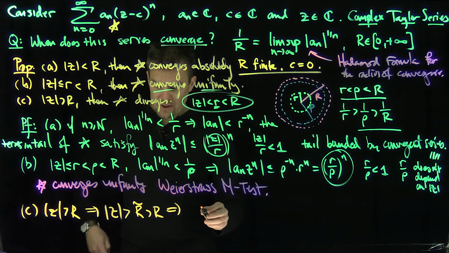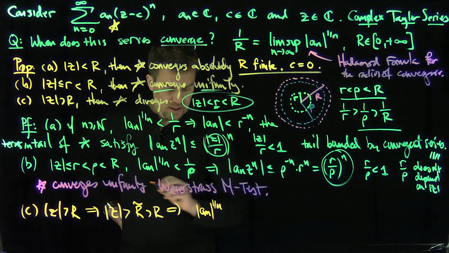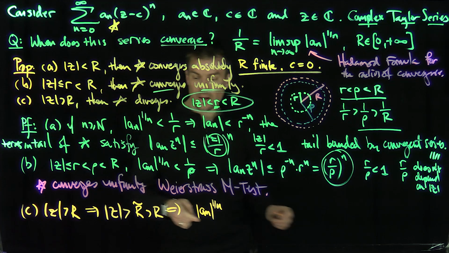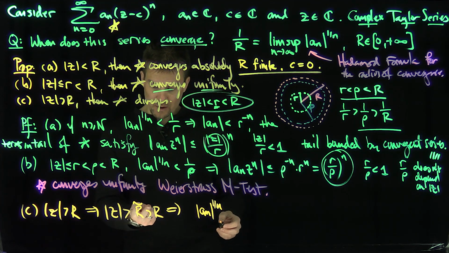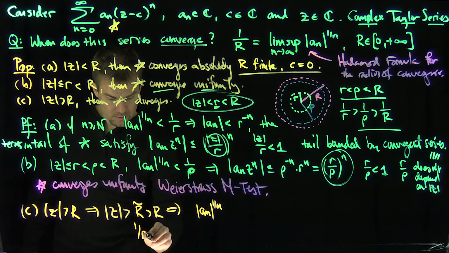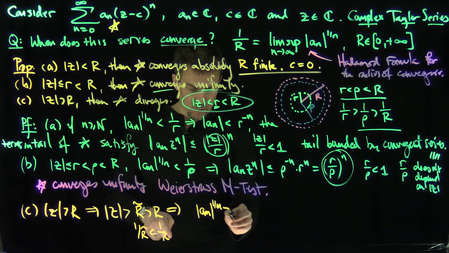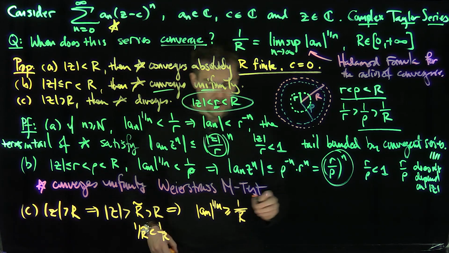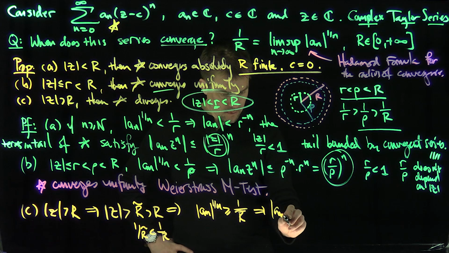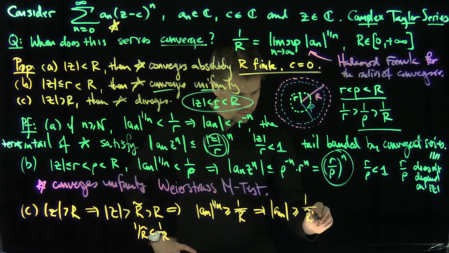Because now if n is bigger than or equal to capital N, I can say that |a_n| to the 1 over n is strictly bigger than what? Now the reciprocal of r tilde is less than 1 over r, right? So 1 over r tilde is less than 1 over r. So these terms are bigger than or equal to 1 over r tilde, and so that says that |a_n| is bigger than or equal to 1 over r tilde to the power n.